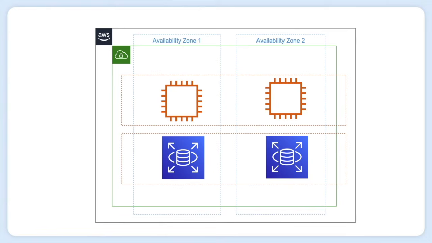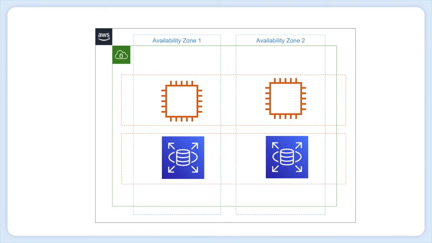Now your application and database both are highly available and they can sustain if one zone goes down. Now students, in a nutshell, the AWS region is the geographic location across the globe, and the availability zone is the cluster of data centers in a particular region.